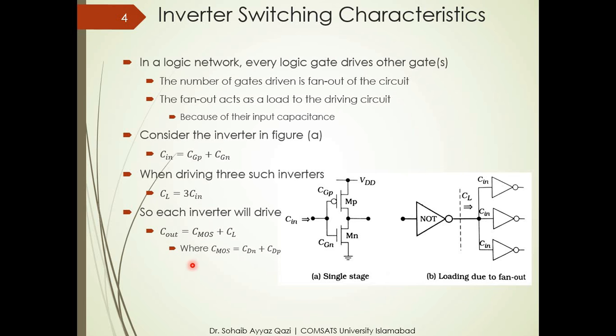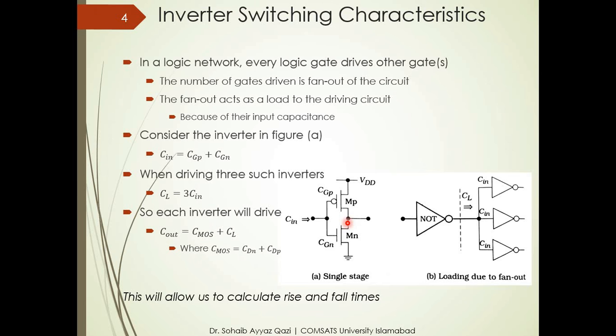So the total output capacitance is CMOS plus CL. This will allow us to calculate the rise and fall times together.